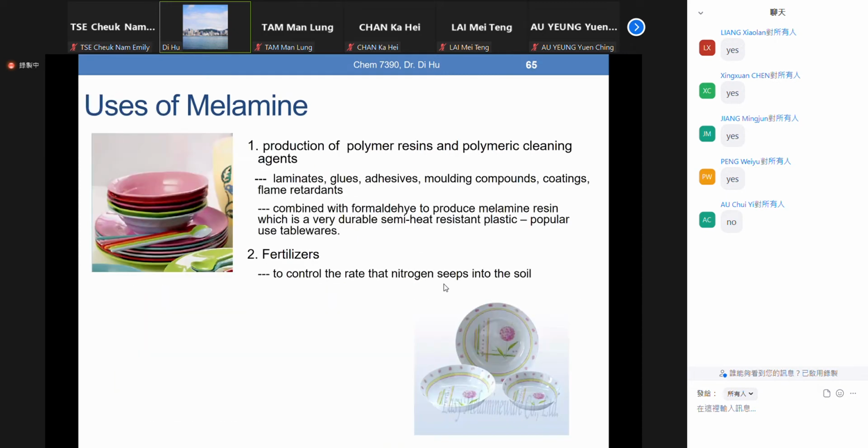So melamine actually is an industrial compound. It's not really a legal food additive. It's just an industrial compound used for plastic, to produce this polymer resin, and also it's used in fertilizer to control the rate of nitrogen seeping into the soil.